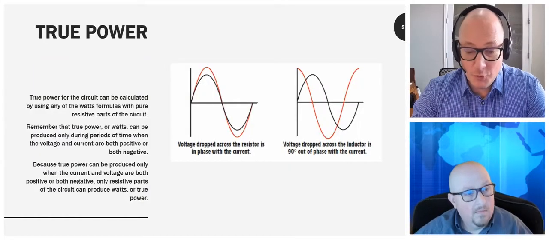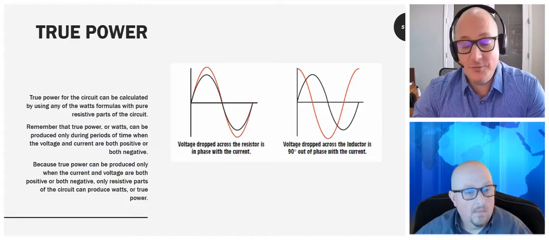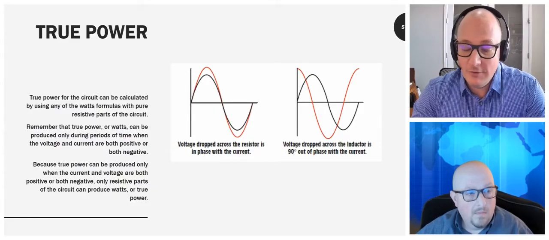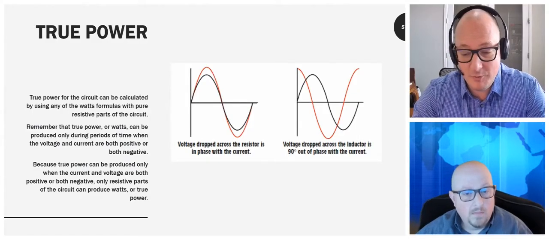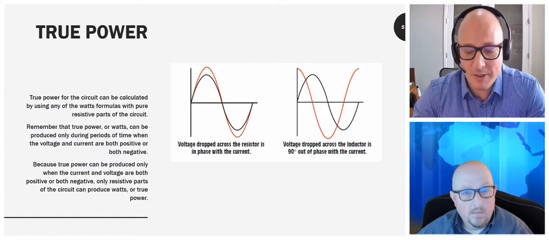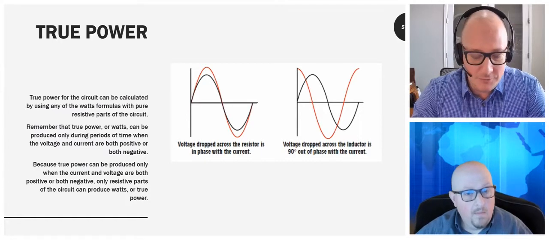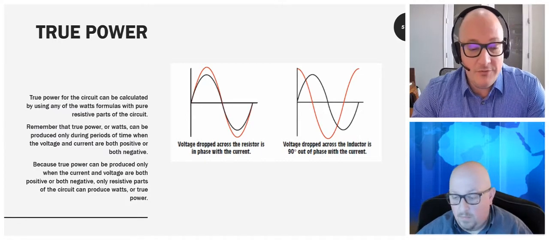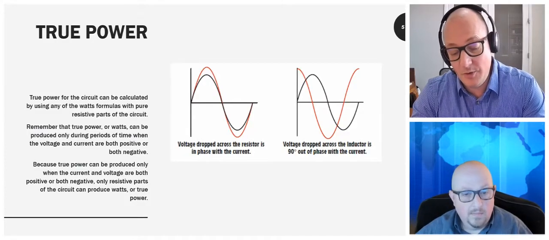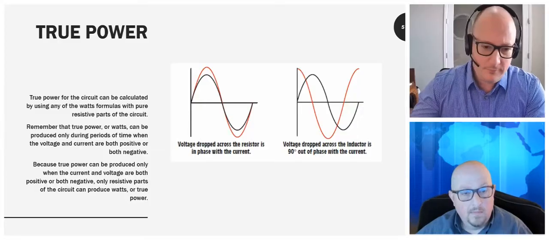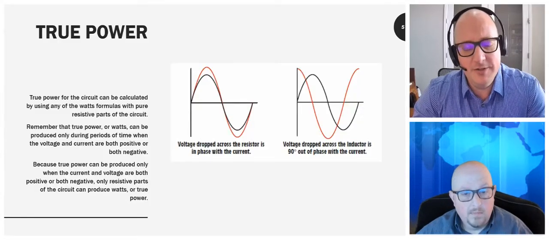So true power, on the left, is the result when voltage and current are in phase with each other. Even though every AC circuit has some inductance and some capacitance, it's usually negligible and ignored. So if we've got an incandescent lamp, for example, then across the load there's no funny business.